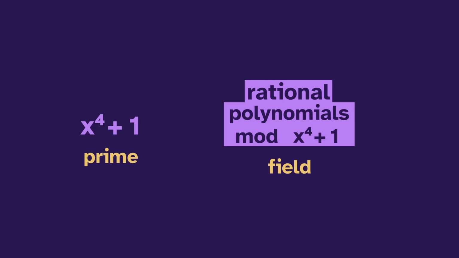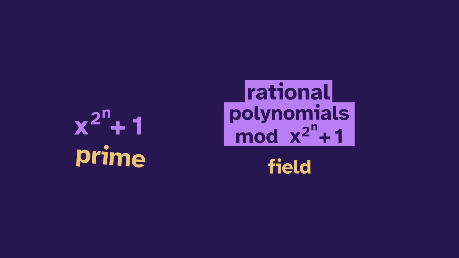We can make a 4-dimensional complex field, it just won't be continuous. And the same is true for any power of 2. x to the 2 to the n plus 1 is a rational polynomial prime, so we can make a 2 to the n dimensional complex field.